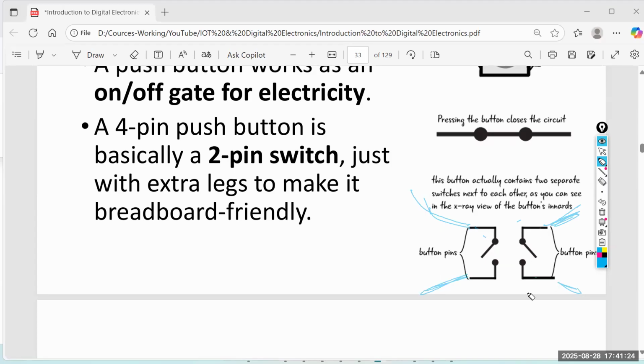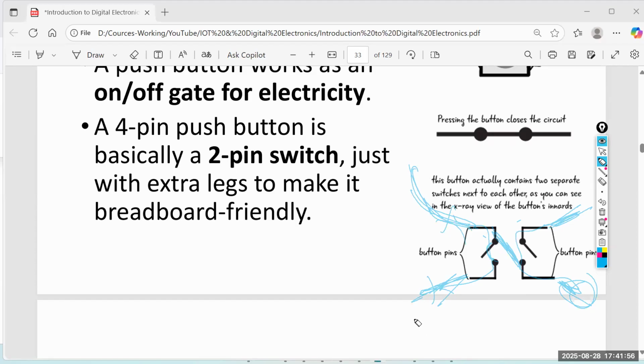Anyway, this and this are internally connected, so there is no point connecting them. But you can use this and this. When you push it, this is closed. Now electricity flows. Forget about this, because you have not connected anything. You can use this and this, or this and this. When you push, electricity goes like this. You have not connected anything here.